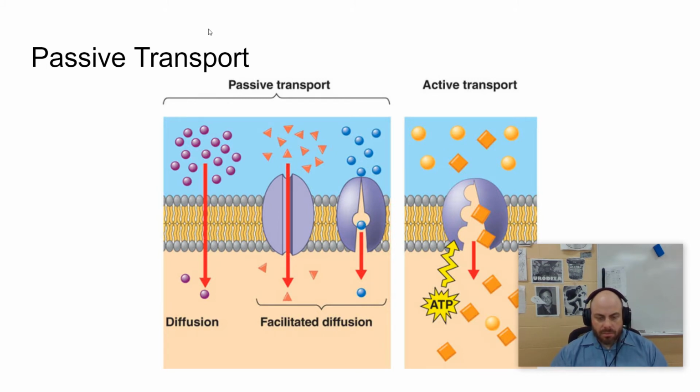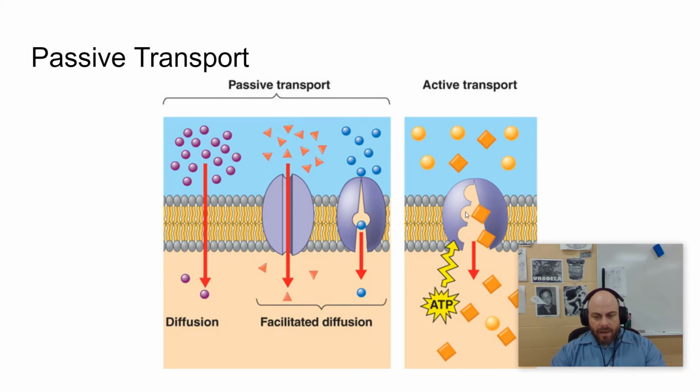It's diffusion moving from high to low concentration, except at this point it requires the use of a channel protein or a carrier protein we talked about in the last video. These materials are ionic or have some sort of polarity, and so they require help to get across the membrane, and their passage needs to be facilitated by a protein.